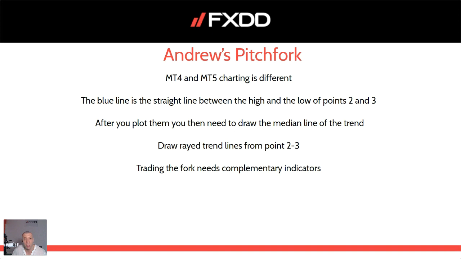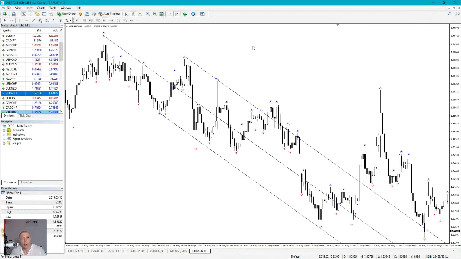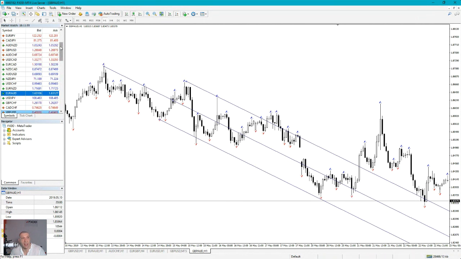Okay, I will move the screen now, and we will use this example here. Okay, here we are. So this is the GBP Australian dollar, for example, and we are using it for charting.